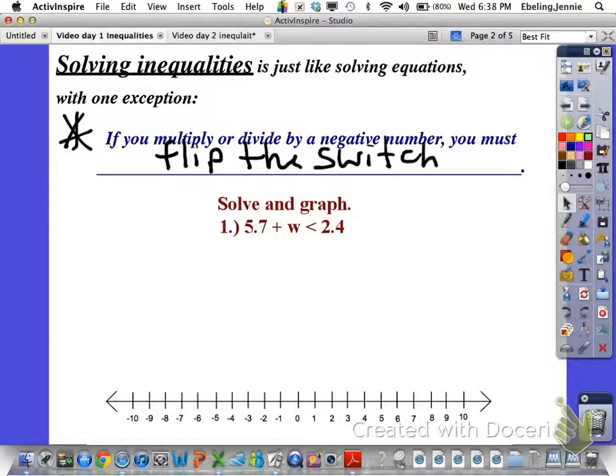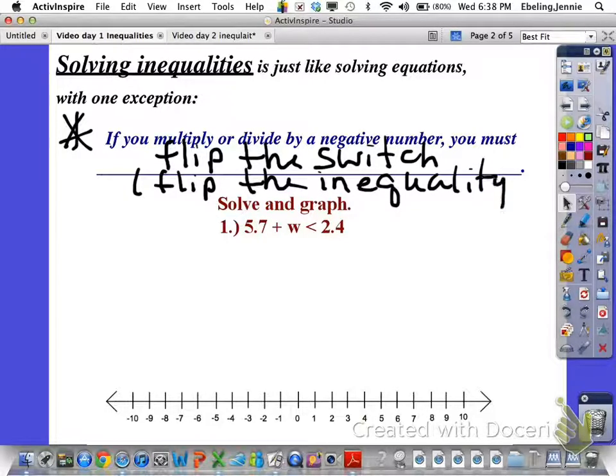You must flip the inequality. Whenever you multiply or divide by a negative number, you have to flip the switch. Other than that, the steps you go through are the exact same steps you use in solving equations.